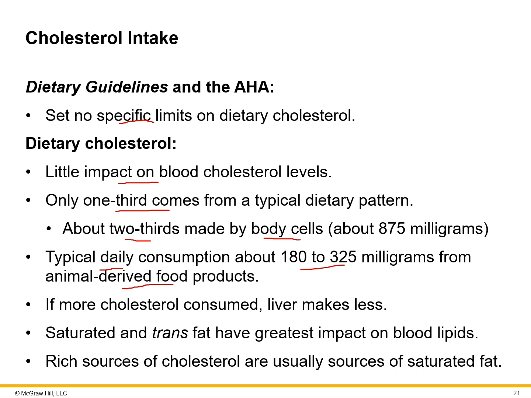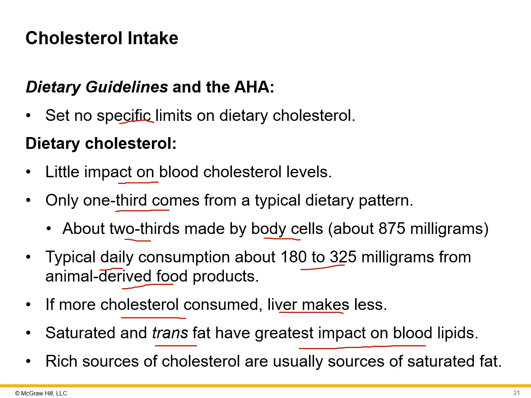So essentially what happens is if we consume more in our diet, then our liver just makes less. So again, we have a certain amount we need. If it all comes from our diet, then our liver just doesn't make as much. Now the saturated and especially the trans fats, they have the greatest impact on our blood lipids. So it's not so much the cholesterol we're consuming, it's the fats.